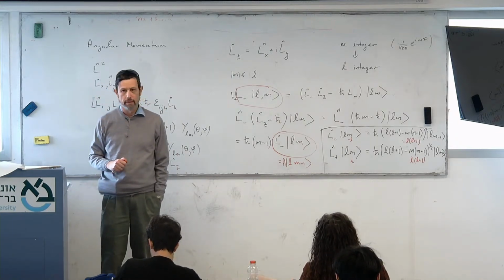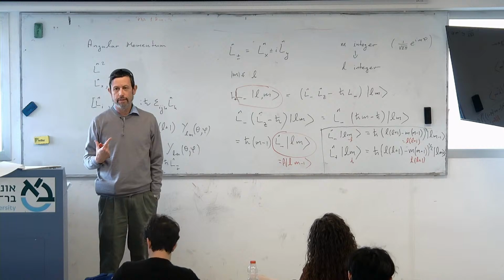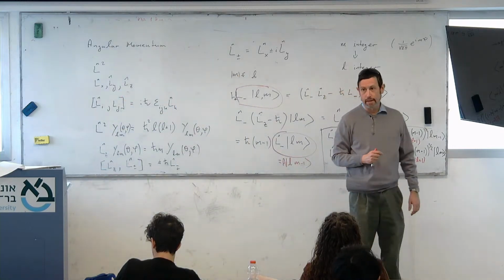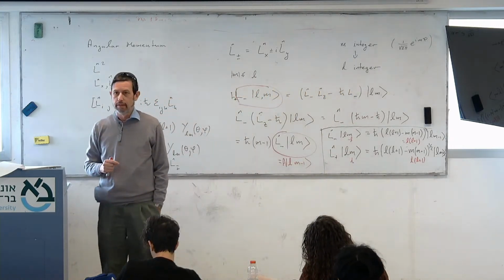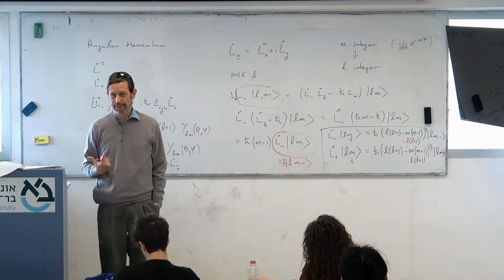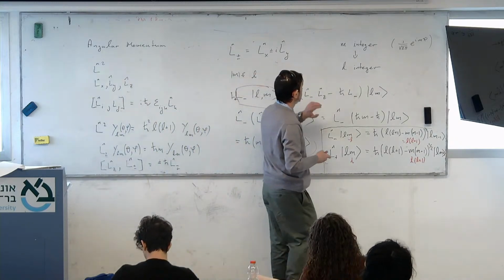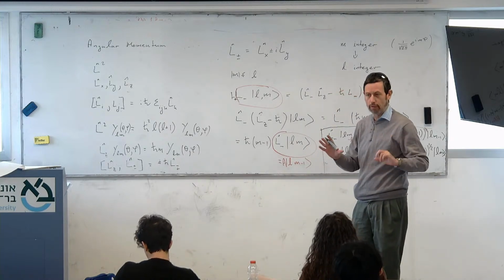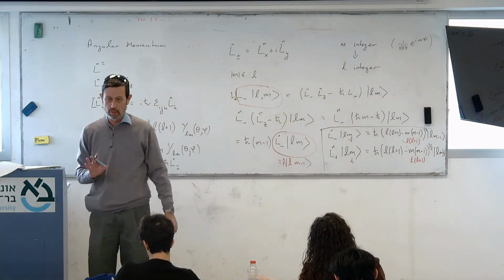Now, there is another operator that behaves similarly to what we showed here for angular momentum, and that's spin. And spin, you know, is half integer. This is a parallel mathematical structure. I'm not going into what it is exactly, because as I told you, it's relativistic. We're not doing it here.